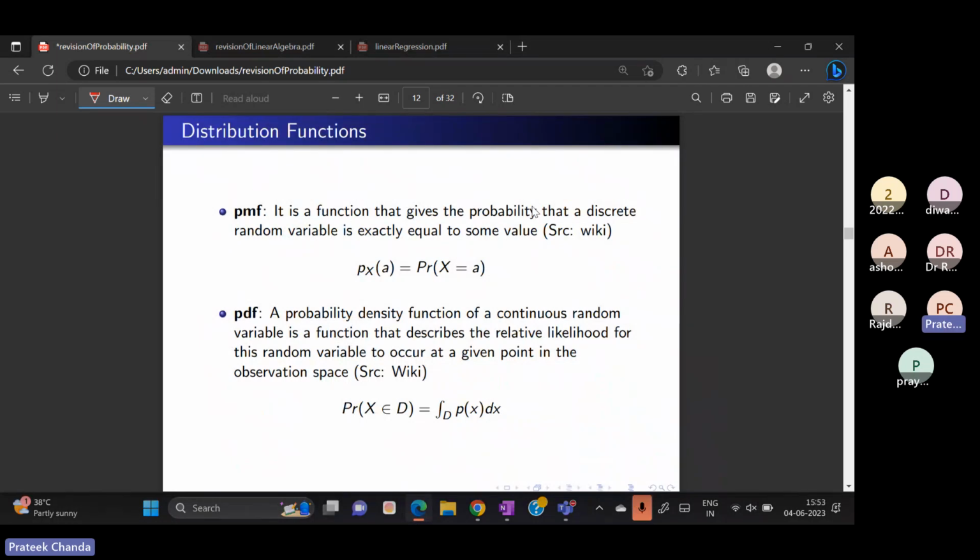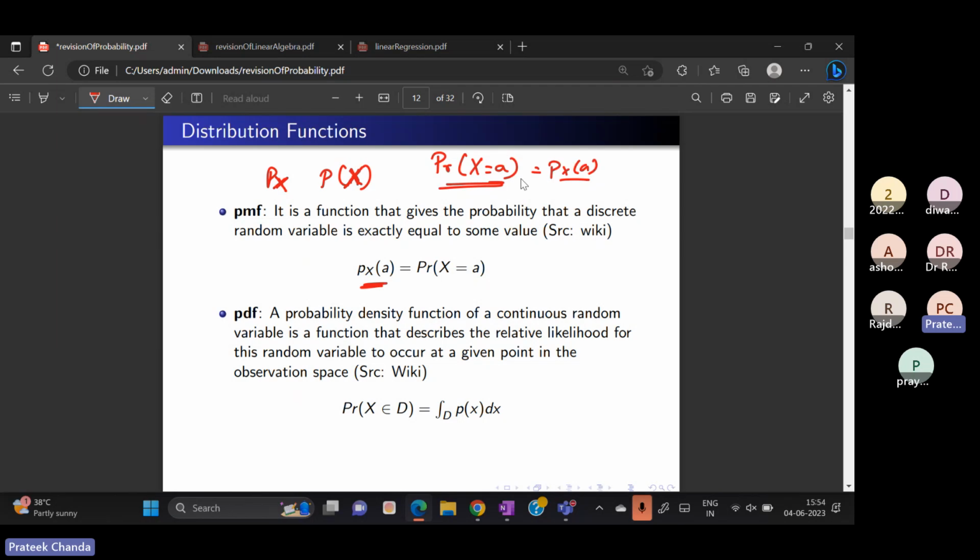So p of x basically means p of x is, let's say, a function. You can also denote it as p of X, where X is actually a capital X here. That basically means, let's say, the probability of X equal to a, I can denote as p of X a.